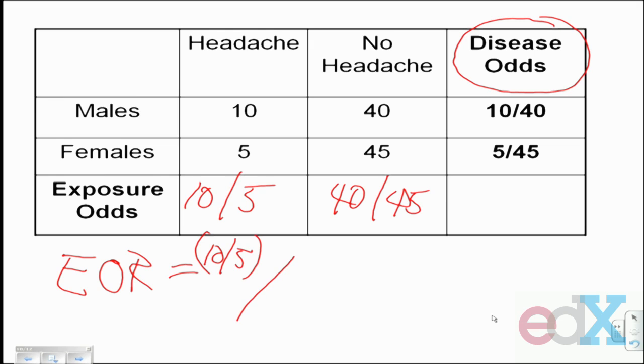If I divided that by the odds of having exposure among people who didn't get disease, the 40 over 45, it's still an odds ratio, but it's an exposure odds ratio. Numerically, what I'll get for an answer is the same number, 2.25.